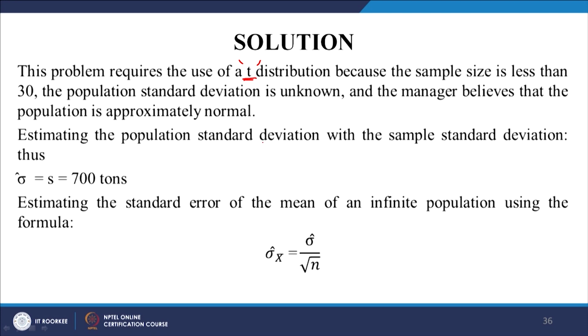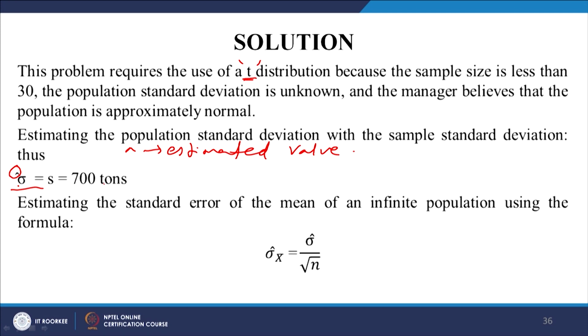We estimate the population standard deviation with the sample standard deviation, thus sigma hat, and please remember that this hat indicates an estimated value, is equal to S, which is 700 tons.